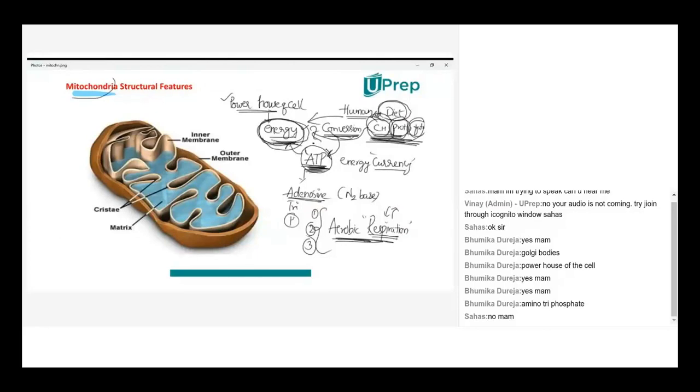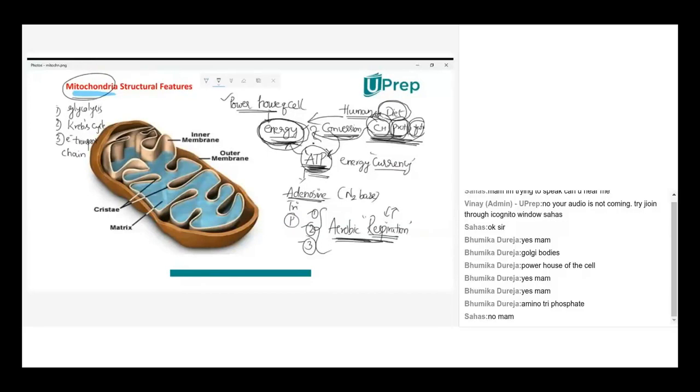Where does it happen? It happens in mitochondria. So how does it happen? In 3 steps. When you get into detail of aerobic respiration, you'll have 3 steps in which the food is converted to energy called ATP. The 3 steps include glycolysis, Krebs cycle and electron transport chain.